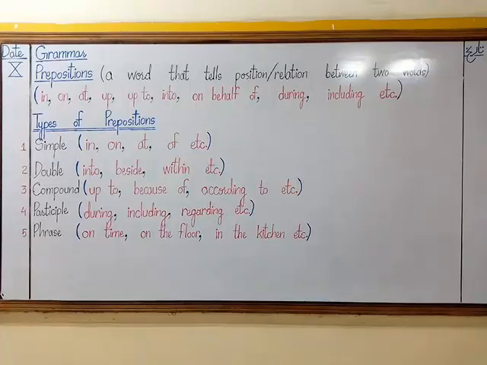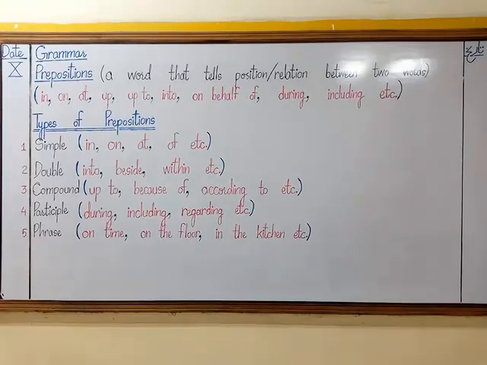When two prepositions are joined together to form one preposition, that is called a double preposition. Beside, inside, within: with and in. So when two simple prepositions are joined together to form one preposition, that becomes a double preposition.